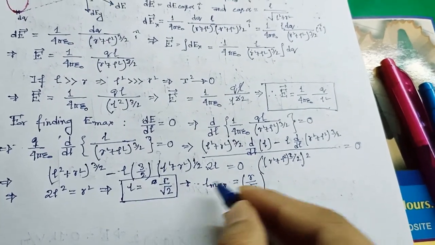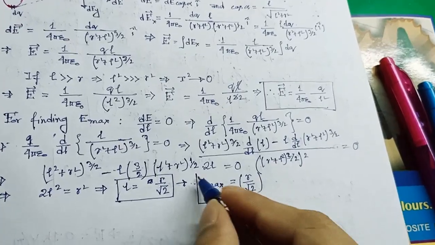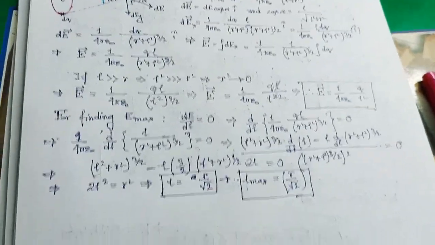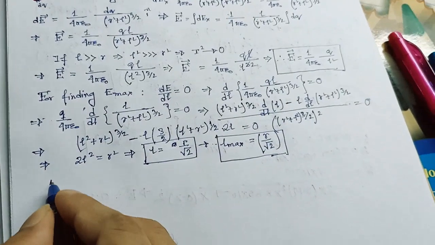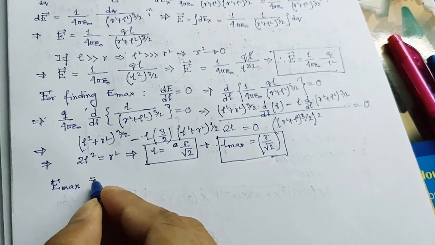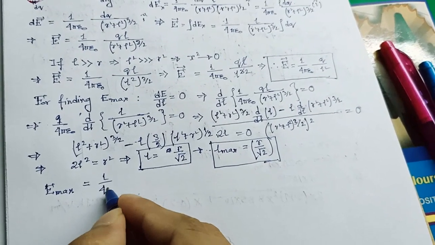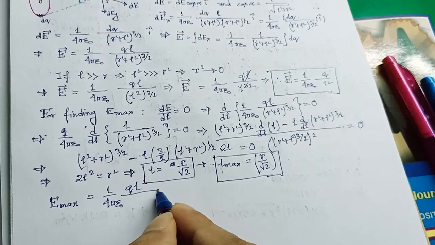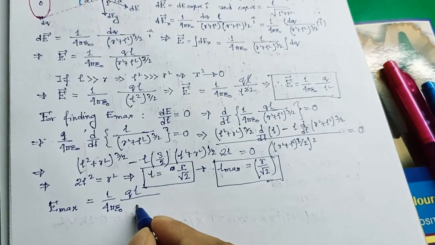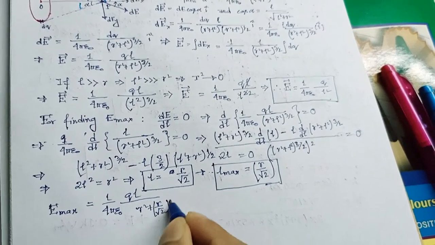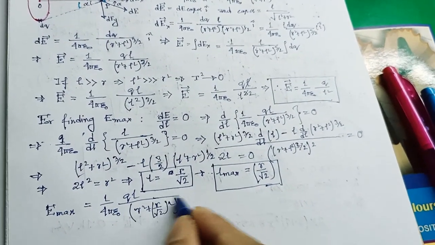Now if we put the value of L max in the equation of the electric field, we can find E max. E max will be equal to 1 divided by 4 pi epsilon naught into QL divided by (R square plus (R divided by root 2) whole square) whole to the power 3 by 2.